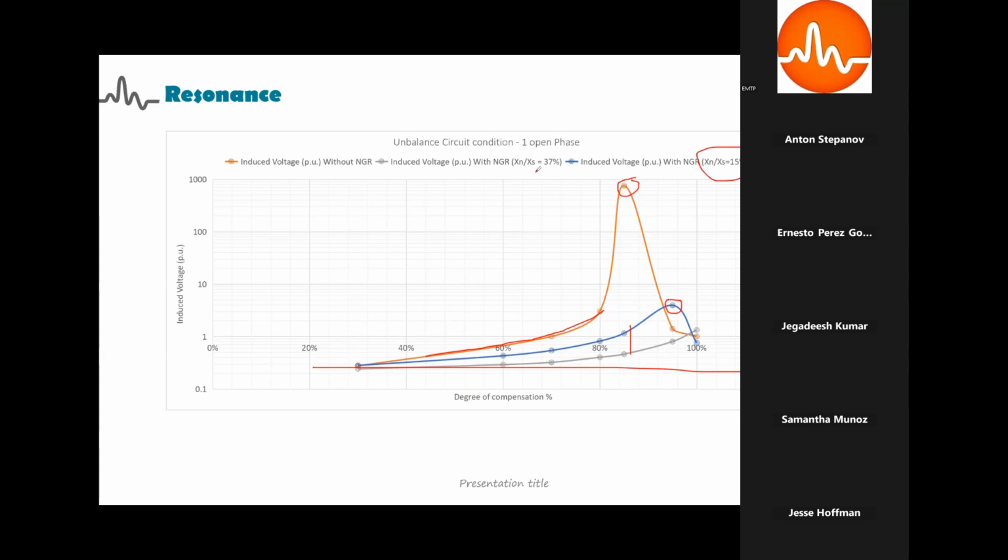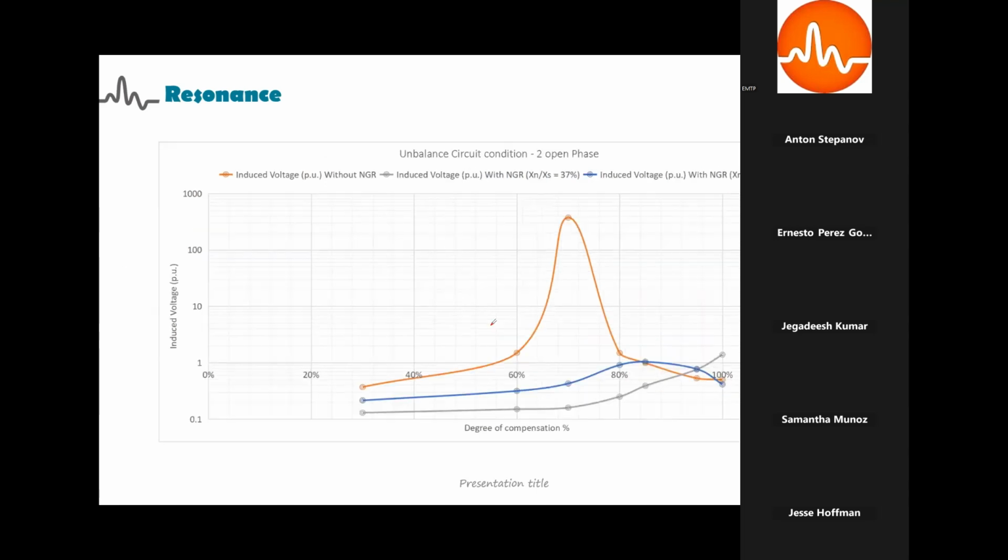Similarly, if we further increase the XN by XS ratio to 37%, again we have a further shift, so there is no high induced voltage even up to 100% of compensation. In our case, we have gone for 60% compensation, so we have a much lower voltage, much less than 1 per unit. That is not hazardous to the system.